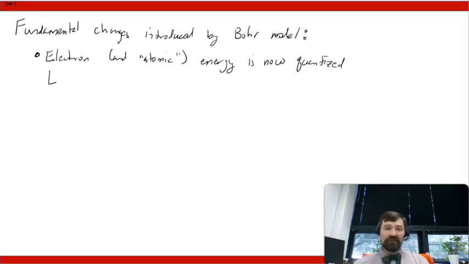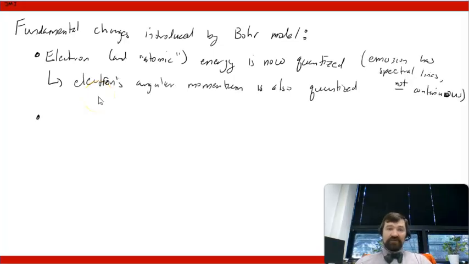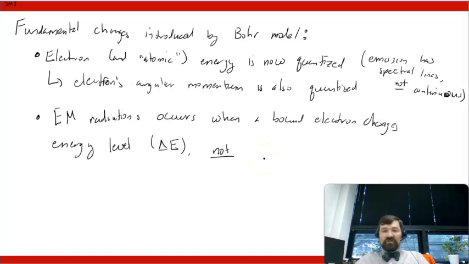Okay. The electron's angular momentum is also quantized. The other major thing that this model contributes is what causes radiation. So electromagnetic radiation occurs when a bound electron changes energy levels, not when it is accelerated.